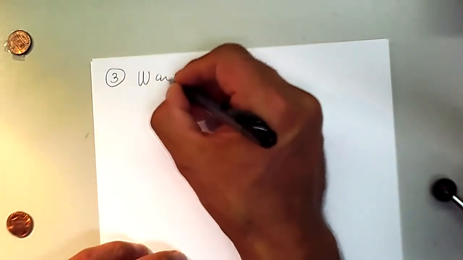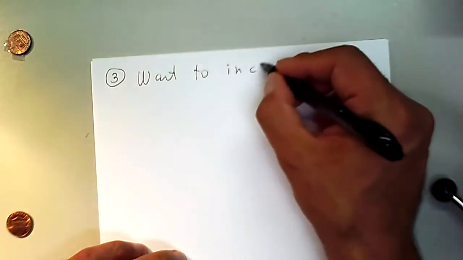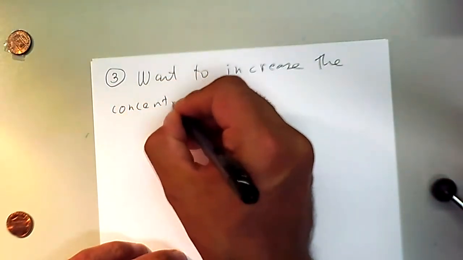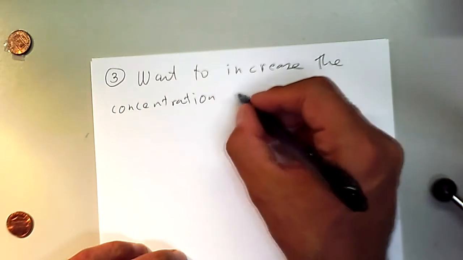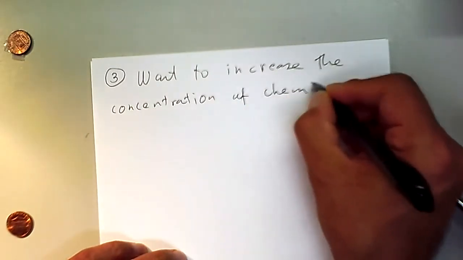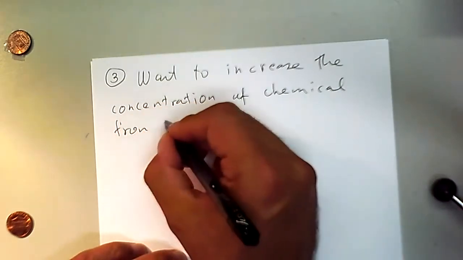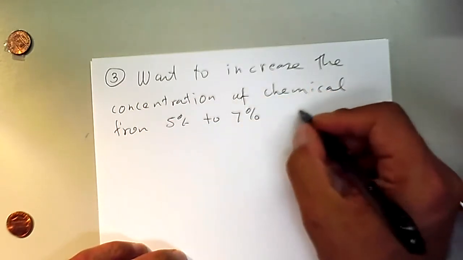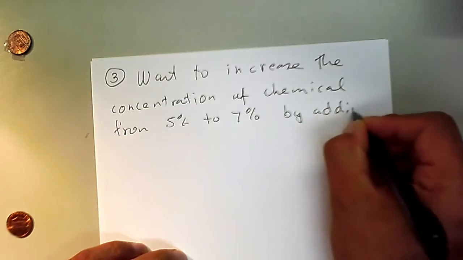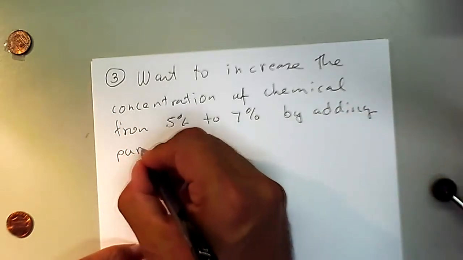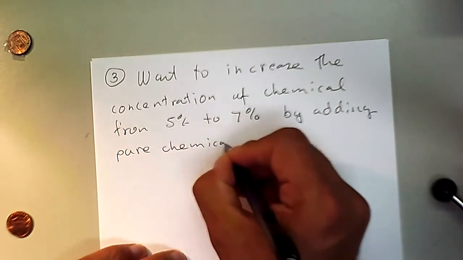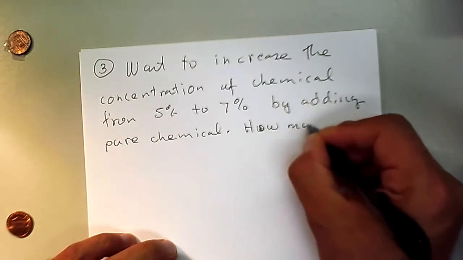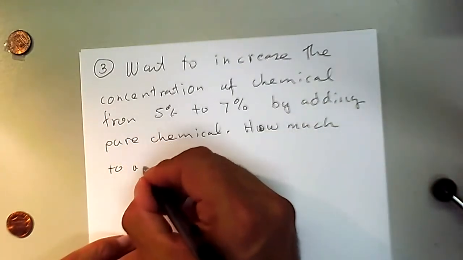So we want to increase the concentration of the chemical from 5% to 7% by adding pure chemical. And the question is, how much to add?